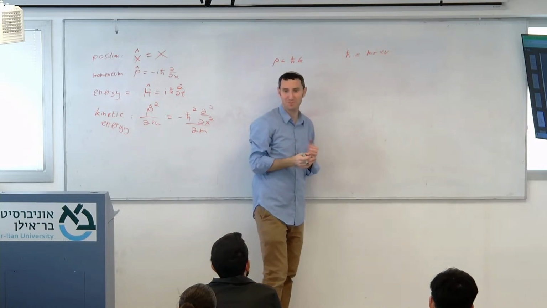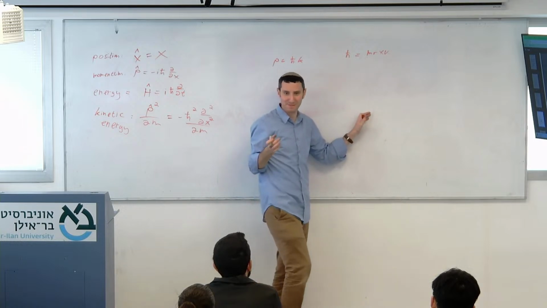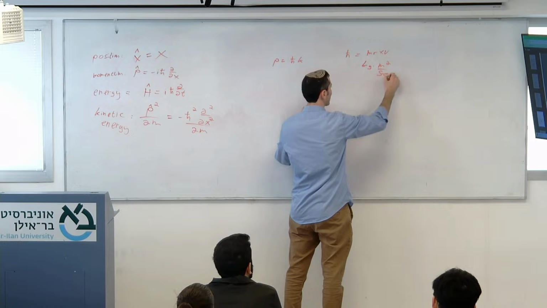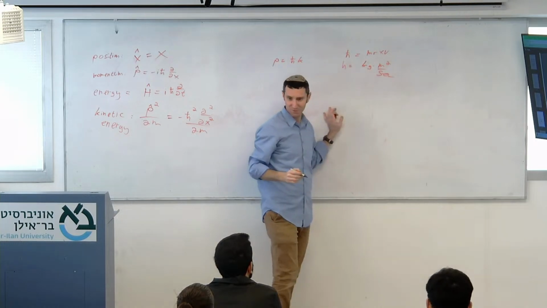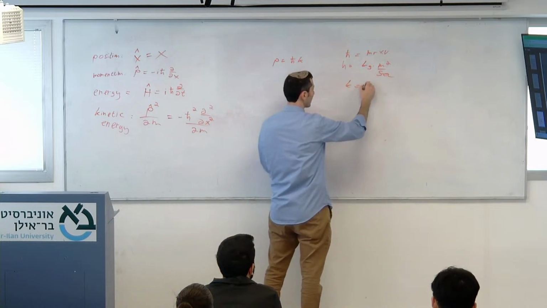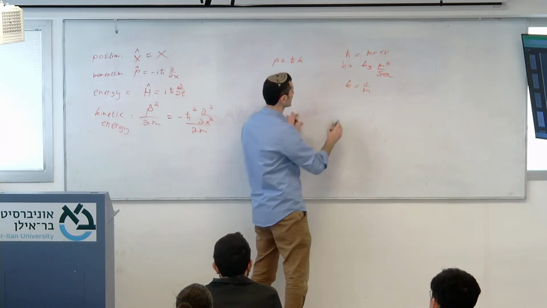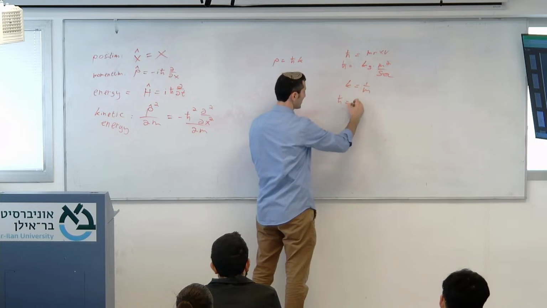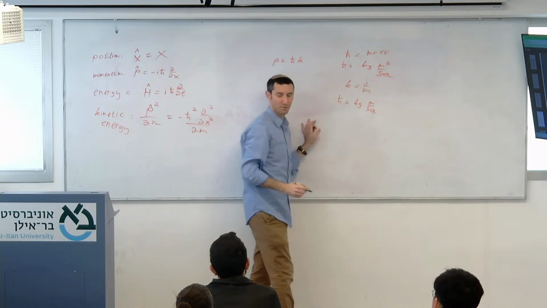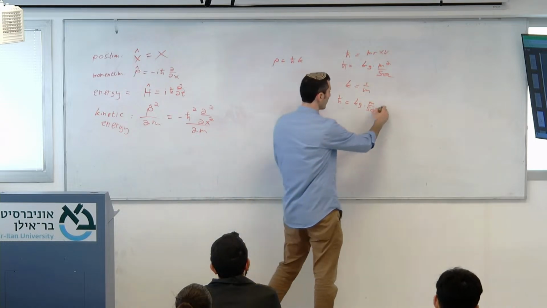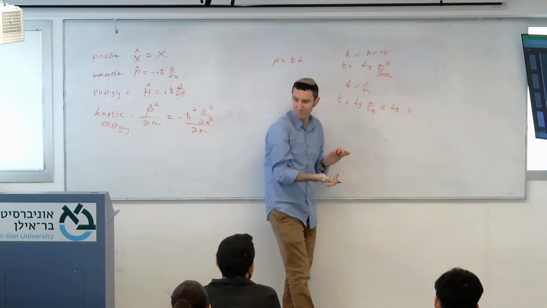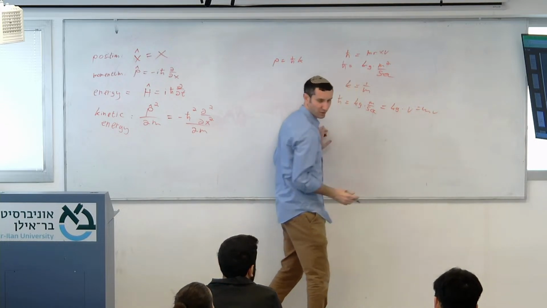I never remember units of stuff. I need to go back to the basics every time. So I have kilogram times meter squared over second. Okay, what do I have here? In fact, k is units of 1 over meter, which is why h bar is kilogram meters over second, which is like kilogram times velocity, which is momentum, which is like mv, right?